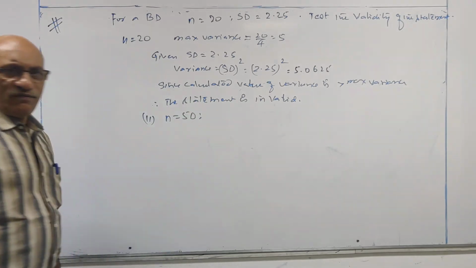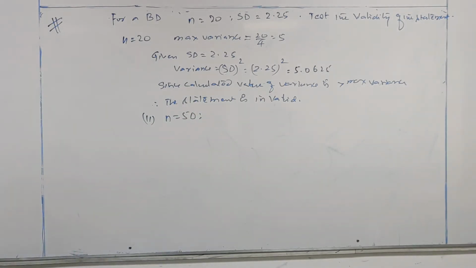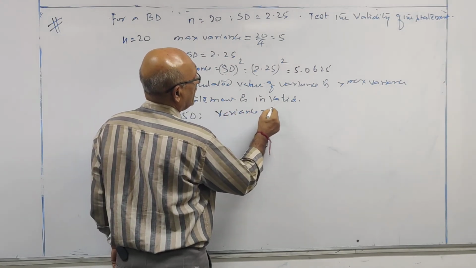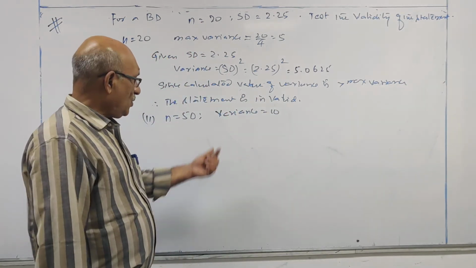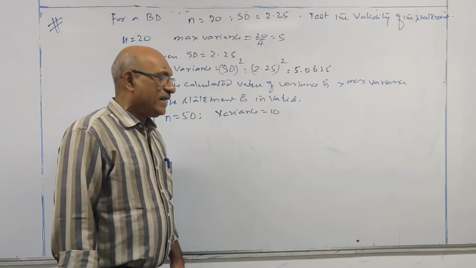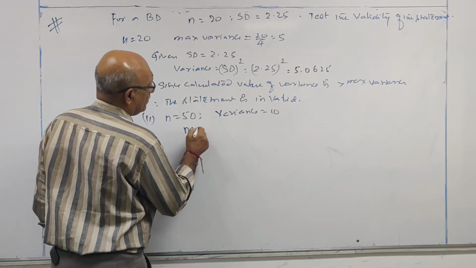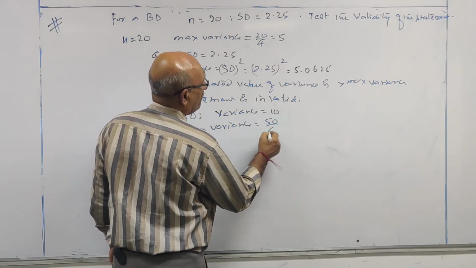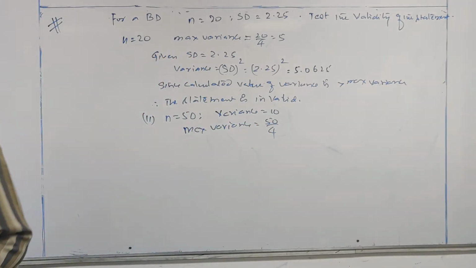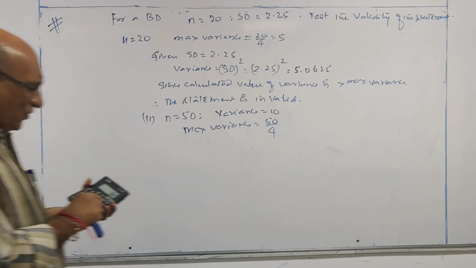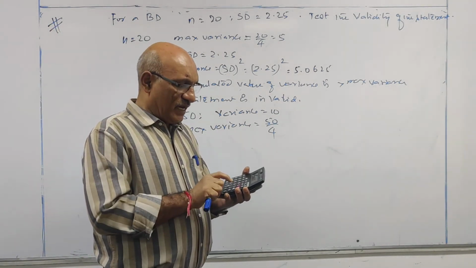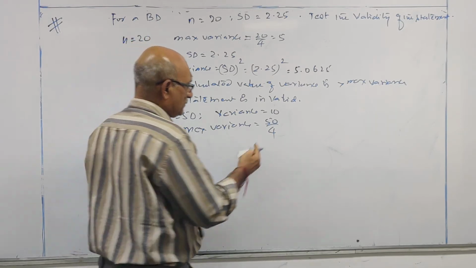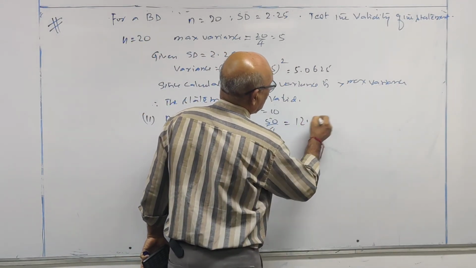Let us see one more question. n is equal to 50 and variance is equal to 10. You have to test the validity of the statement. Maximum variance is equal to 50 divided by 4, which is 12.5.